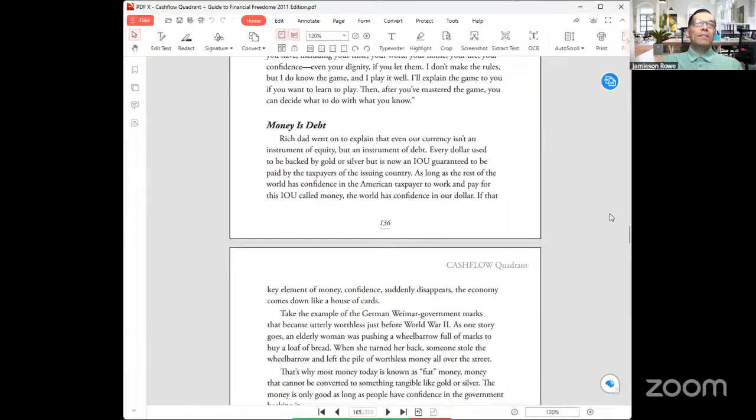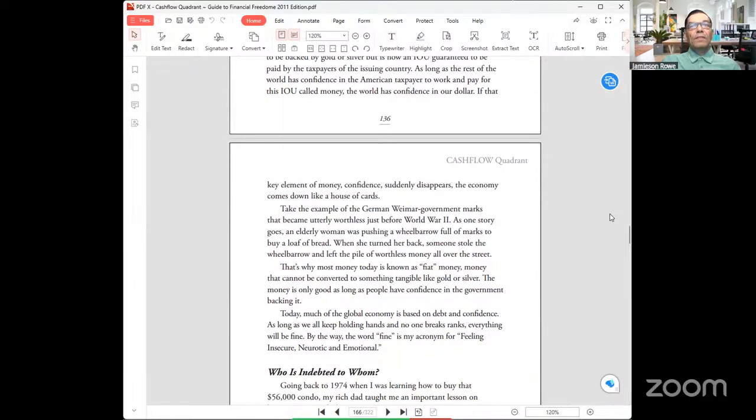As long as the rest of the world has confidence in the American taxpayer to work and pay for this IOU called money, the world has confidence in the dollar. If that key element of money, confidence, suddenly disappears, the economy comes down like a house of cards. Take the example of the German Weimar government marks that became utterly worthless just before World War II.